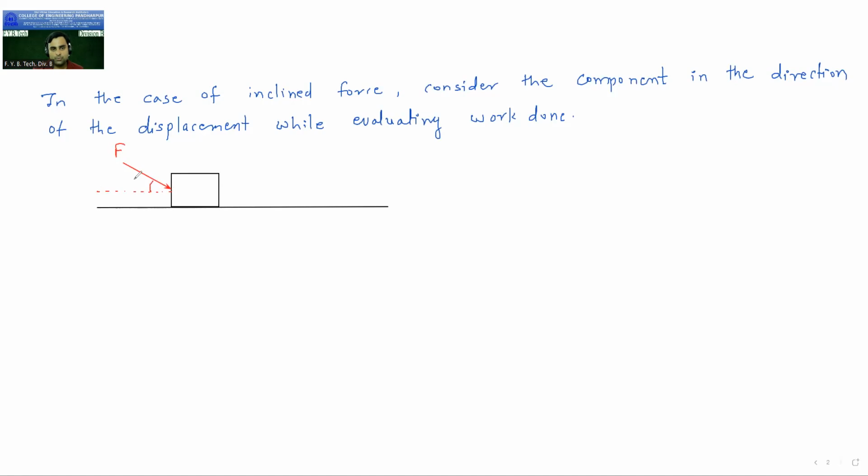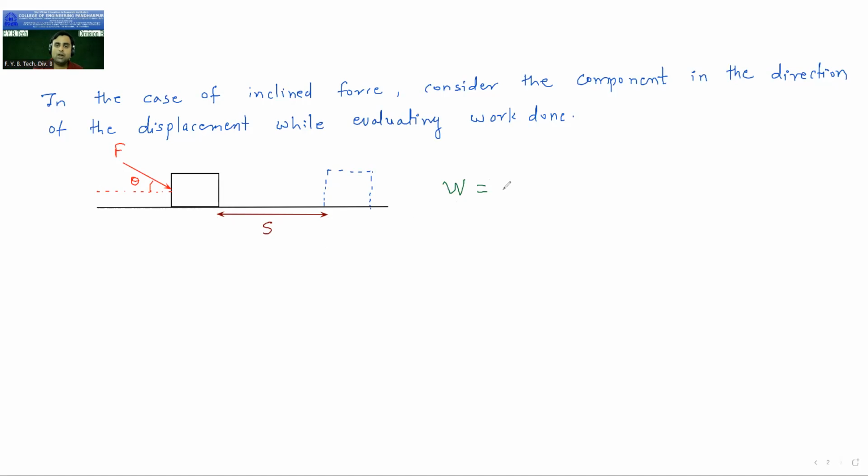This angle is suppose theta. Due to this force, the body moves further. Suppose S is the displacement of the body, and this is the displacement due to the applied force. What is the work done in this case?